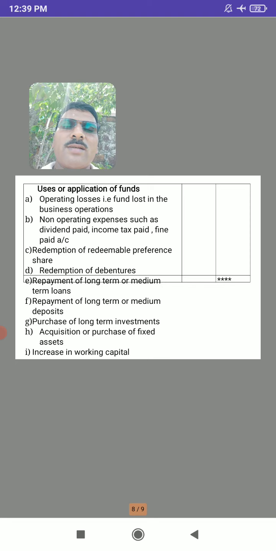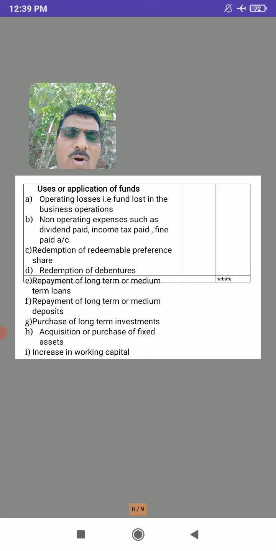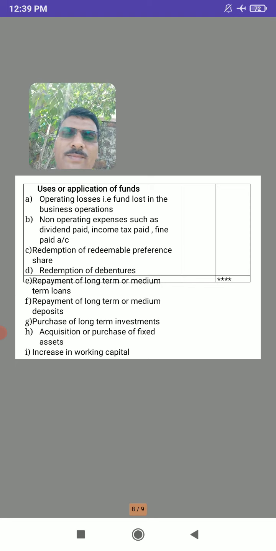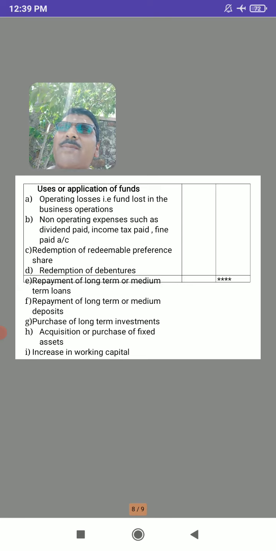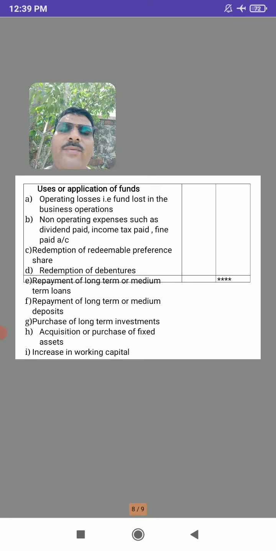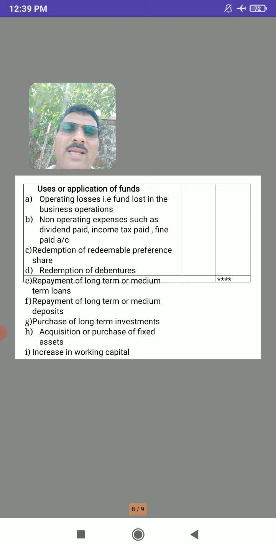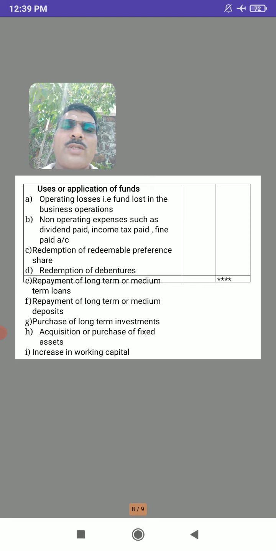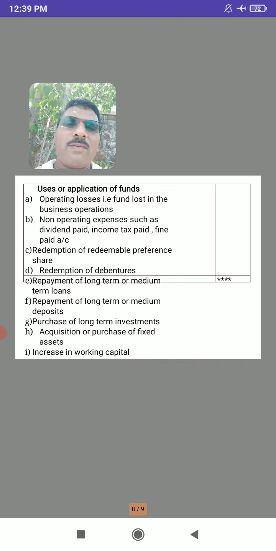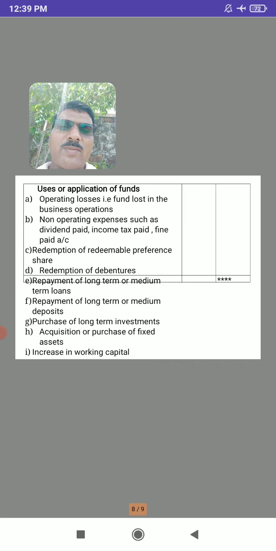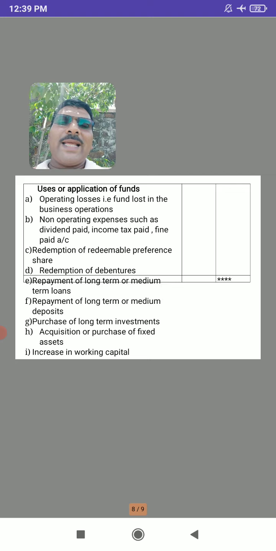So these are some circumstances under which the funds flow outside: if there is any loss, or if we pay any operating expenses, redemption or repayment of preference shares, repayment of debentures, repayment of long-term or medium-term loans and deposits, any purchase of investment or any purchase of fixed assets. At the time of all these things, the funds automatically flow outside the business, and such a case is called application of funds. Like this, the fund flow statement is prepared, and it should be tallied.